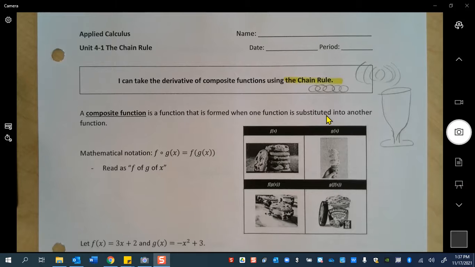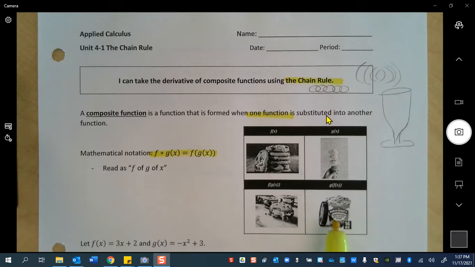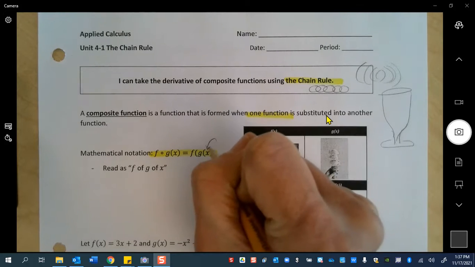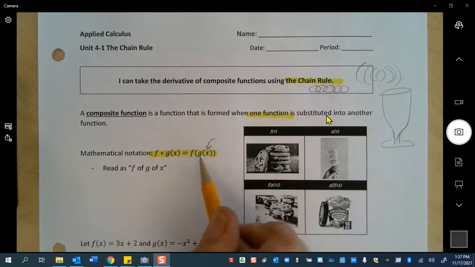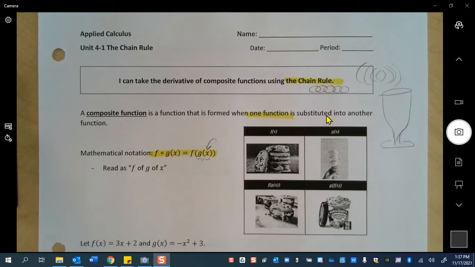Yeah. So when we're talking about a composite function, that's a function that's formed when one function is substituted into another function. So when you were in Algebra 2, you learned this notation, f of g of x, and here, of course, we have g of f of x. And what that means is that whatever x value goes into g, whatever that output is is what then goes into f.